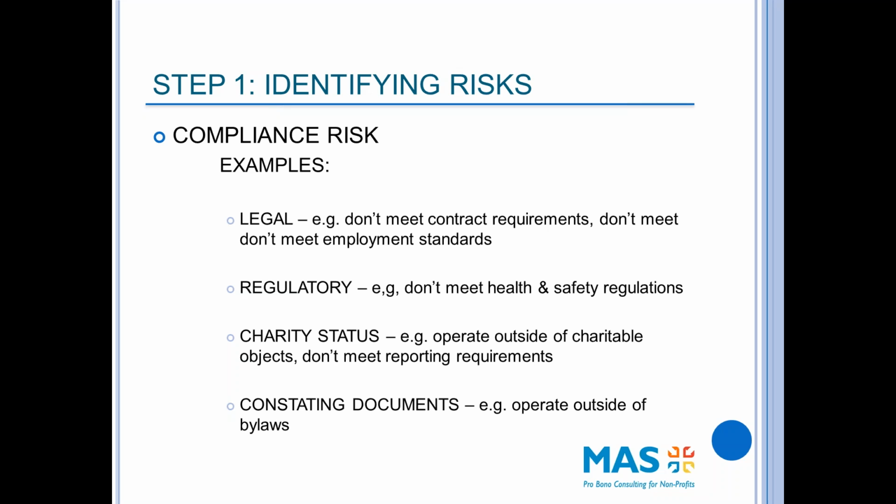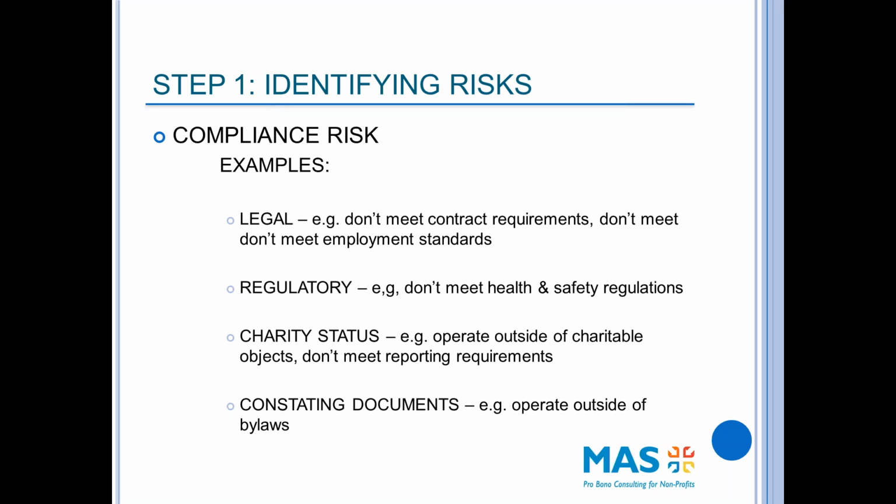So you need to understand the regulatory framework that you have to operate in, and the risk here is that you, for instance, don't meet health and safety regulations. You have legal risks if you don't meet the terms of contracts or you don't meet employment standards. The other kinds of risks you need to think about here is around your constating documents.